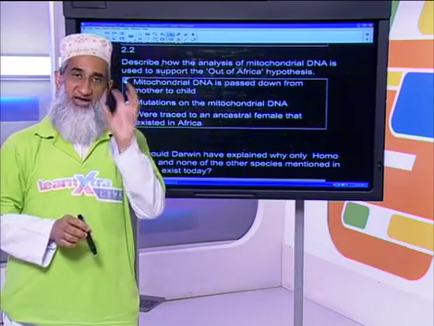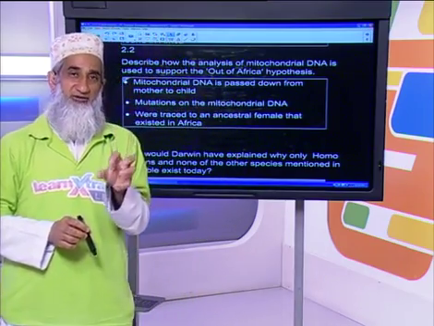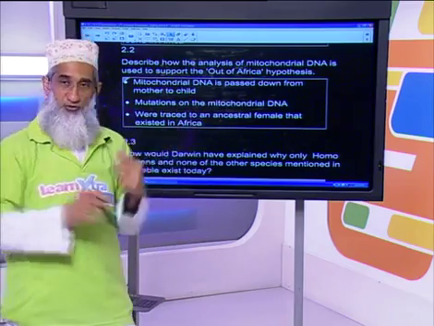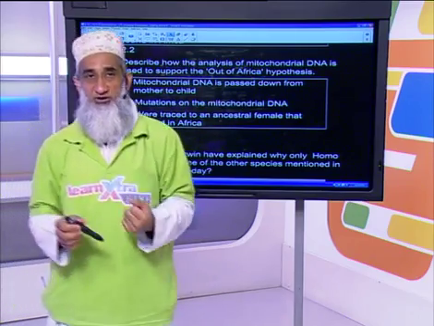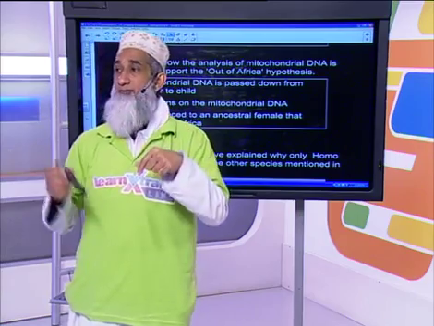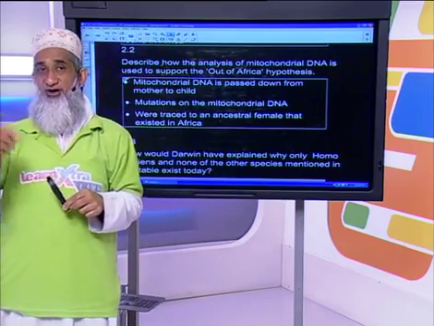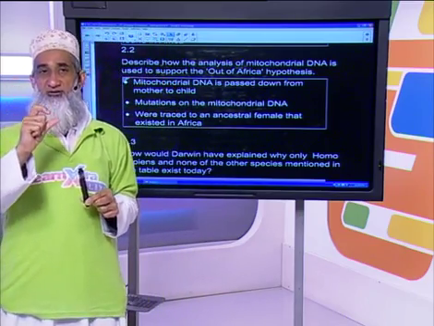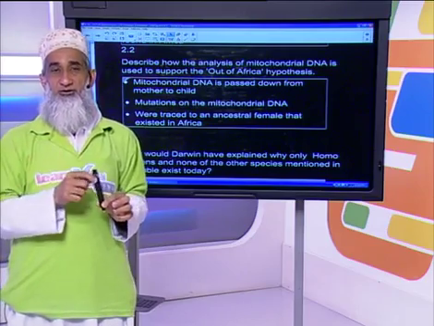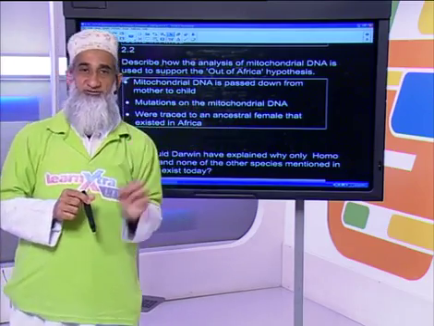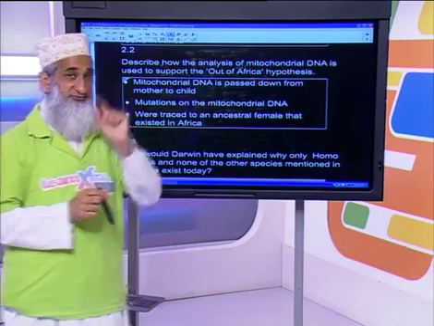And the zygote then develops from the egg cell. So the mitochondria that you and I have, all of us here in this room, we got from our mothers. Because the father only gives the nucleus, not the whole cell. So the mitochondria is found in the mother's egg cell. Okay, so that's the first point.